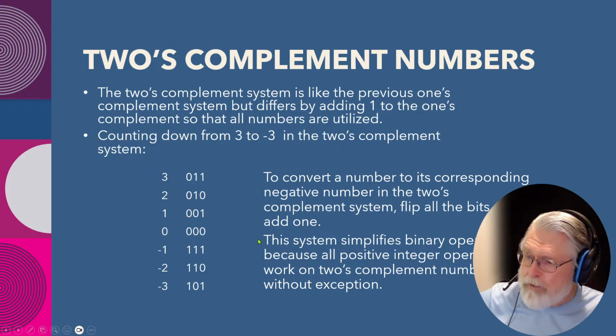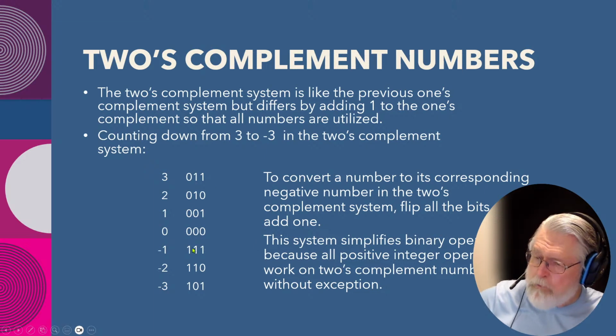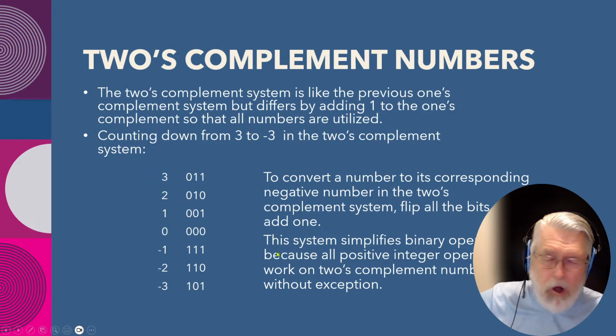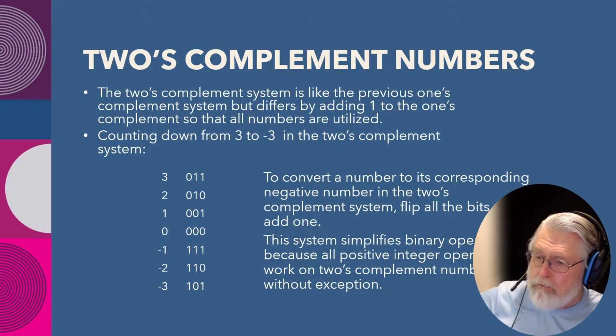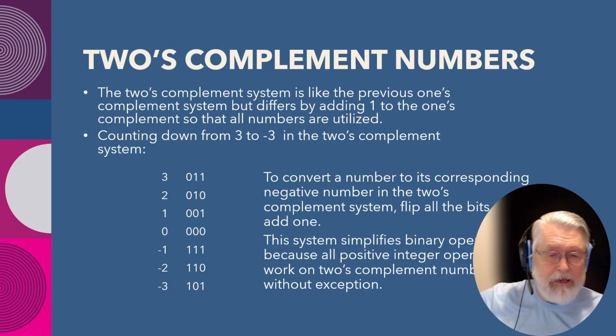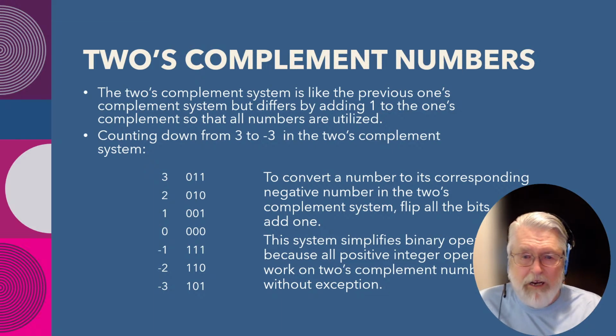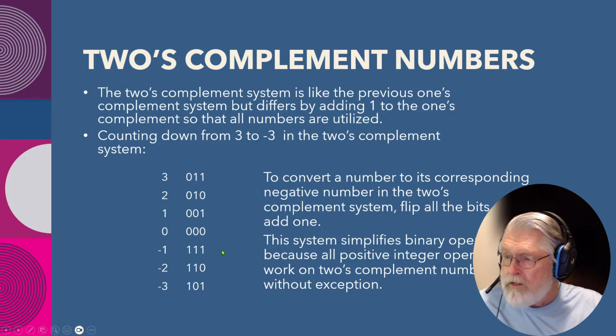And it just so happens that this system simplifies binary operations, because all positive integer operations that you can perform with logic gates work on the twos complement numbers perfectly without doing anything else to them. And so that is one of the great benefits of the twos complement system.